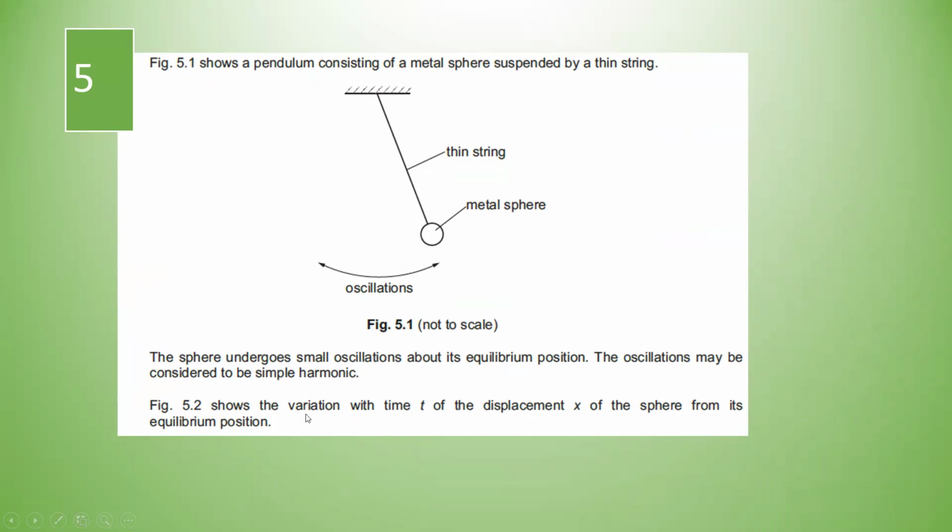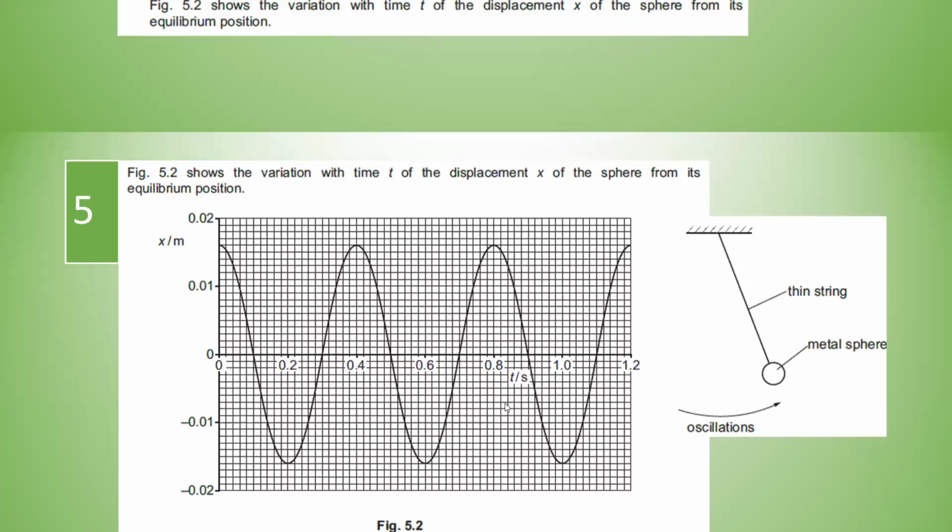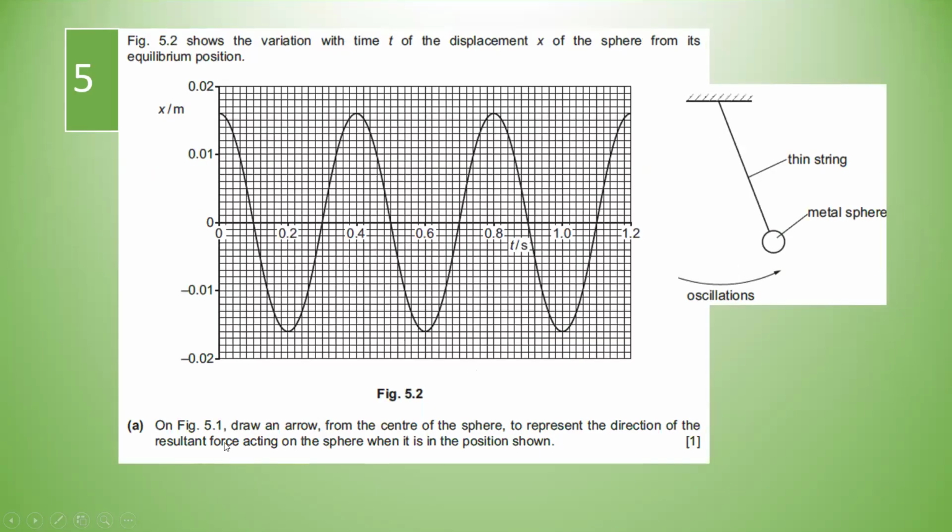Figure 5.2 shows the variation with time t of the displacement x of the sphere from its equilibrium position. On figure 5.1, draw an arrow from the center of the sphere to represent the direction of the resultant force acting on the sphere when it is at the position shown. That's all.